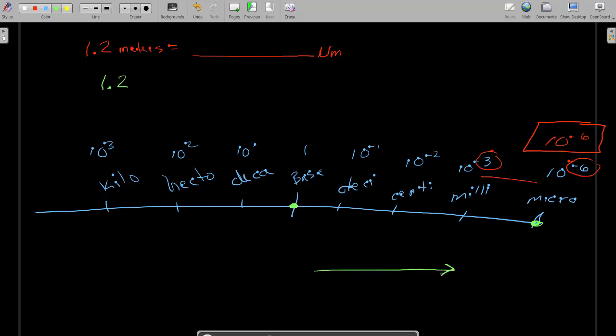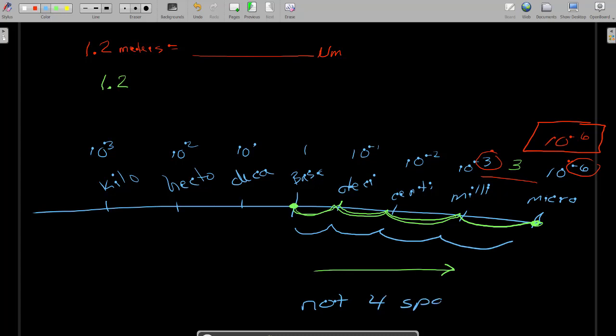Step 3, what direction and how many spaces? Well, I'm going to the right. So I'm going 1, 2, 3, right? So that's 3 spaces. But remember, I said that this counts as 3 spaces because it's negative 3 and negative 6. So this is going to be 1 space, 2 spaces, 3 spaces, 4, 5, 6 spaces. So my decimal has to move 6 spaces, not 4 spaces. It's not 1, 2, 3, 4.